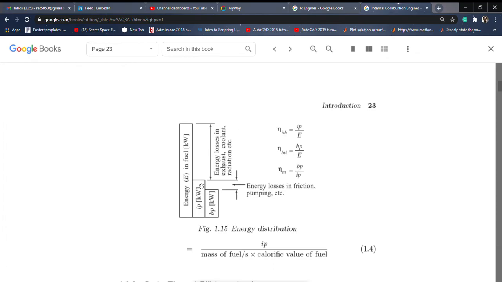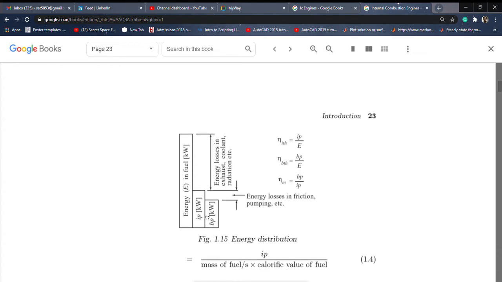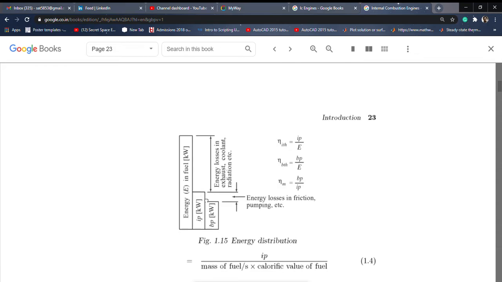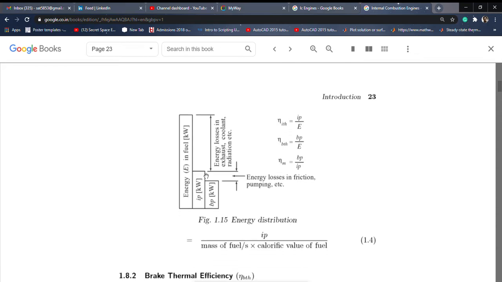Now whatever we are left with is indicated power. This is the total power available at the piston surface, and its unit is kilowatt. The piston moves with some velocity over some distance.